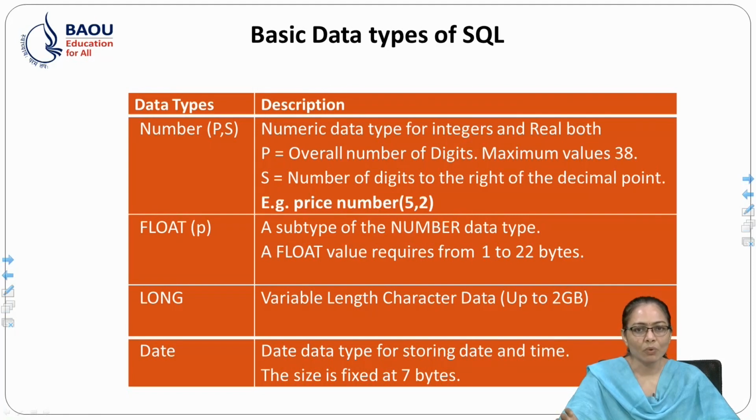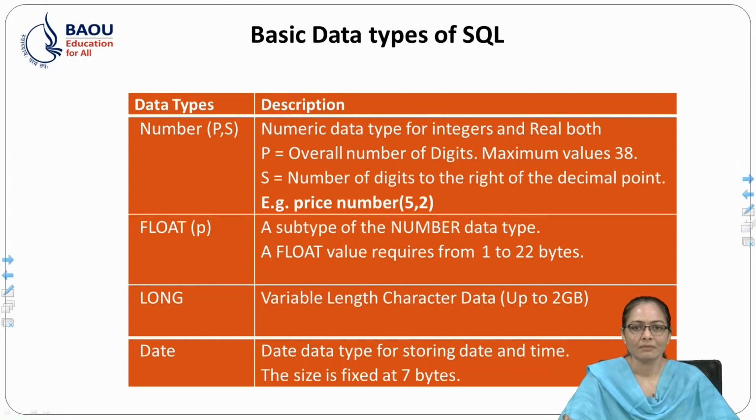P is equal to the overall number of digits, maximum value suppose 38. S is equal to the number of digits to the right of the decimal point. For example, price NUMBER(5,2).